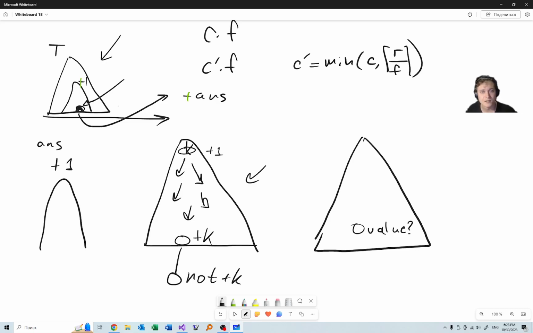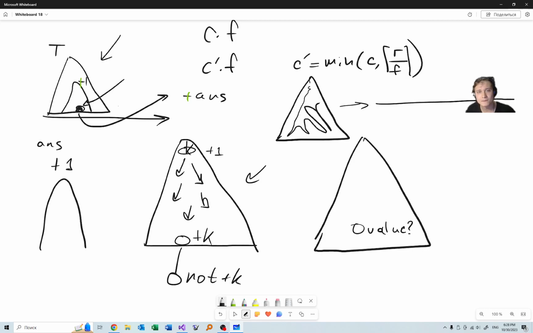So suppose you have some tree. Let's traverse it with some DFS, and write all vertices in a row. For example, 1, 2, 3, 4, 5, 6, 7, 8, 9.